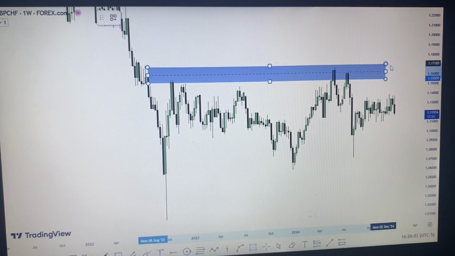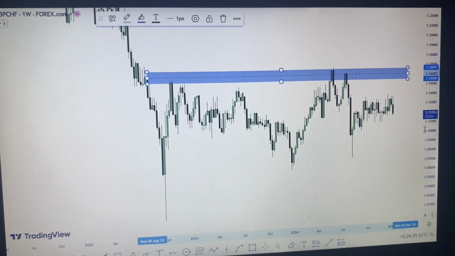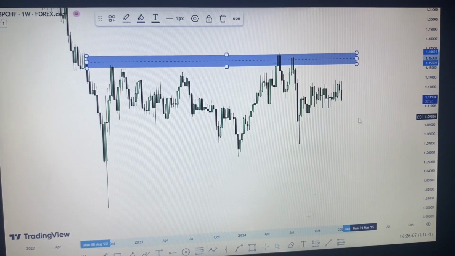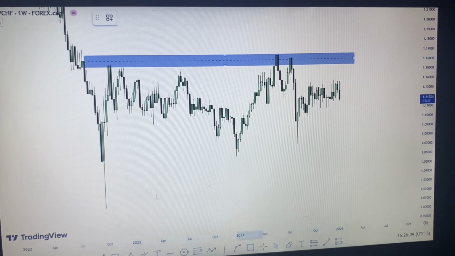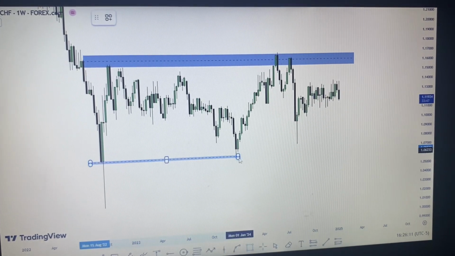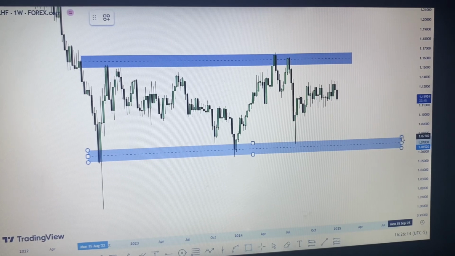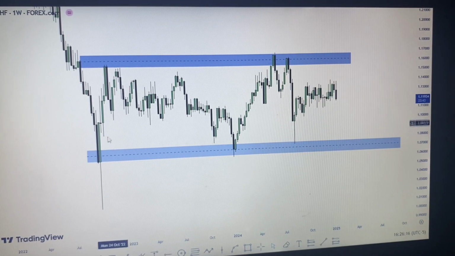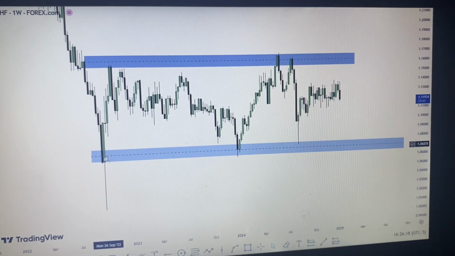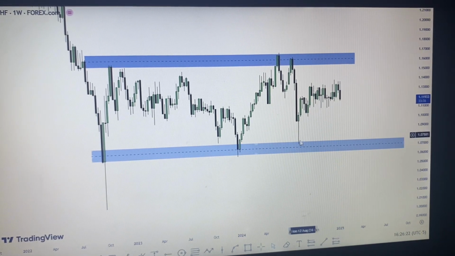So in this case, this is our highest resistance, and where is our lowest support? This is the lowest support level. As you can see, look at the bodies of these candlesticks. Look at this touch and then the other touch here.